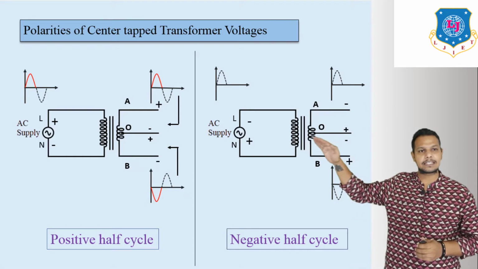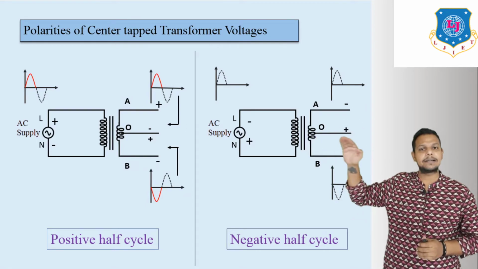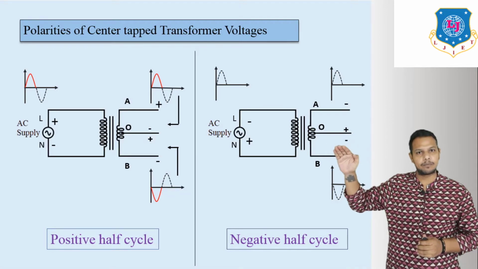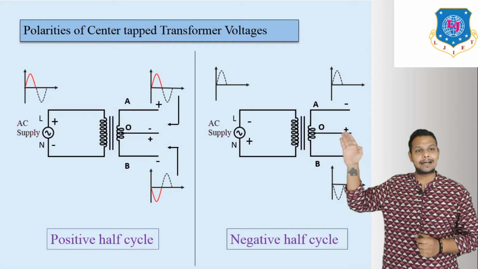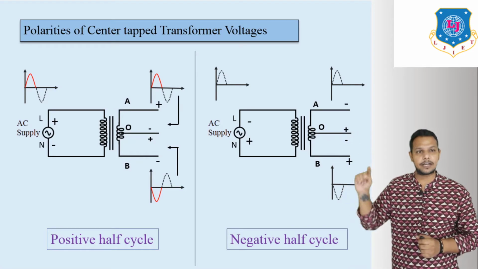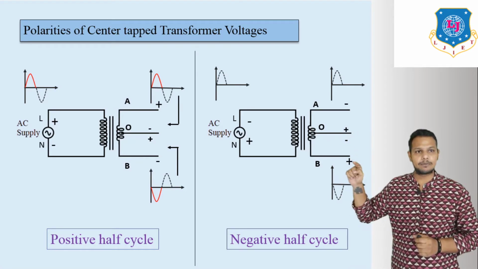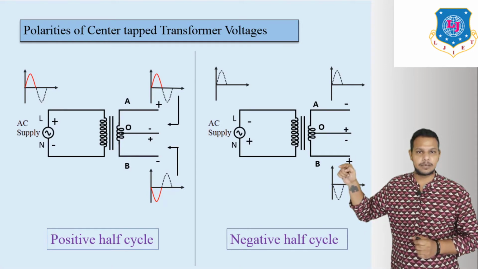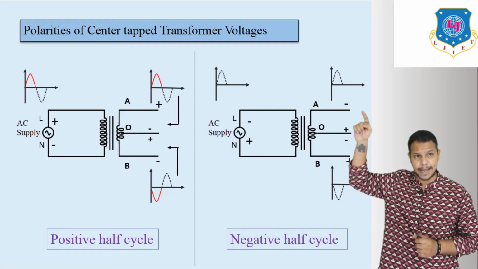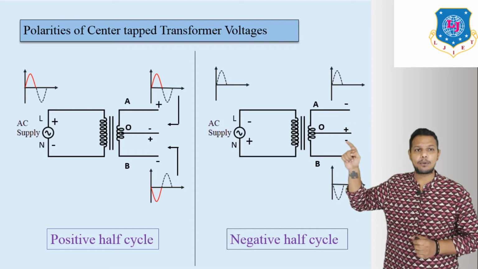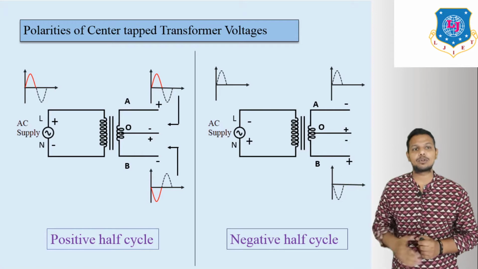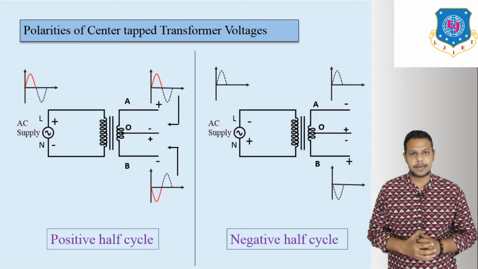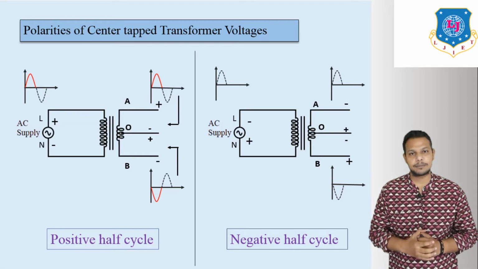But this O is the center, so we can say it is one type of ground. Both polarities are available at the ground terminal. If we put positive here, we have to put negative here with reference to this terminal, and if we put negative here, then we should put positive here. So positive and negative are both at the O terminal, which means it is the center tap, or common terminal.